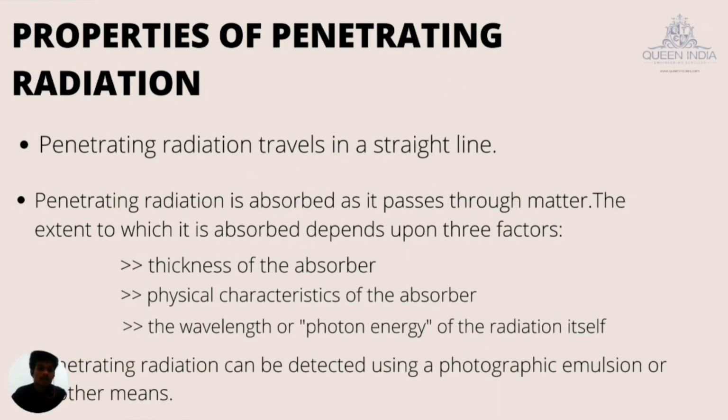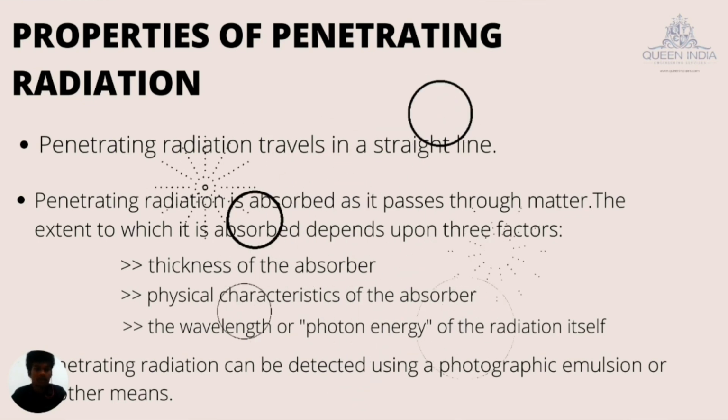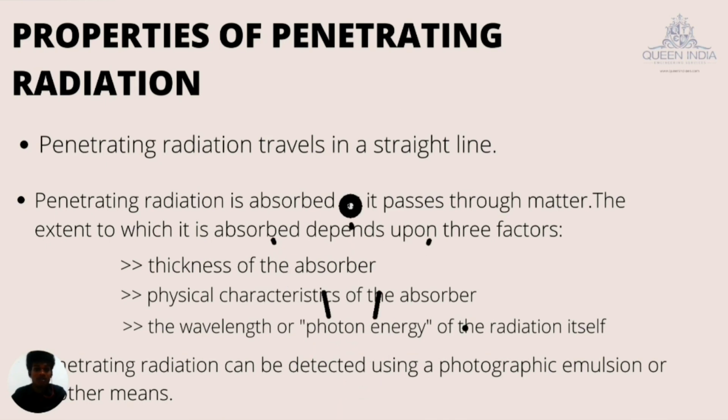Next, important things to keep in mind: properties of a penetrating radiation. One of the main properties of radiation is that it only travels in a straight line. Another property is that when we pass radiation through any object, the object will absorb that radiation.